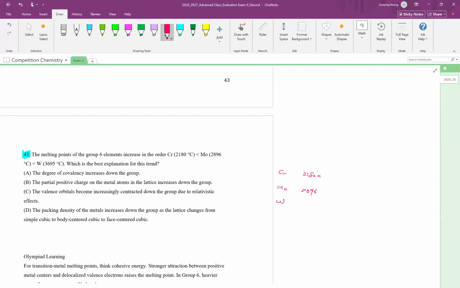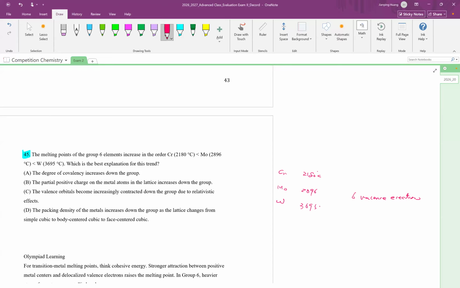W basically is period 6, 395. And all the valence electrons are the same. You have 6 valence electrons, and the boiling point increases.